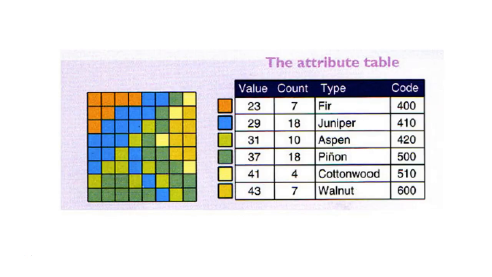Here's a good example, where we might have a raster that deals with vegetative cover. In the types of vegetation, we can group into walnut trees versus cottonwood, aspens, junipers, and firs. We can represent in the raster a value for each one of those types of trees, and we can then give it a code, and it acts a little bit like a vector attribute table.